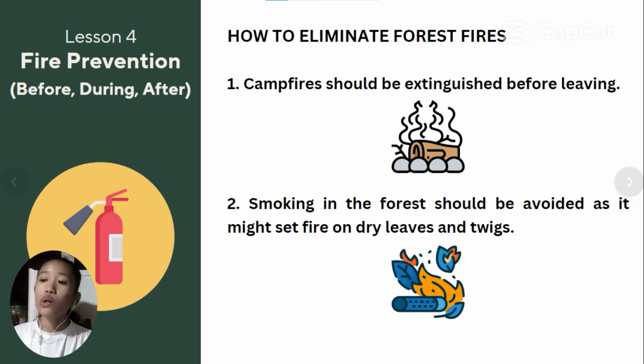And then number 2, smoking in the forest should be avoided as it might set fire on dry leaves and twigs. So if you want to smoke, make sure na ilabay po siya sa right na basurahan. Dili kay ilabay lang mo bisang asa.